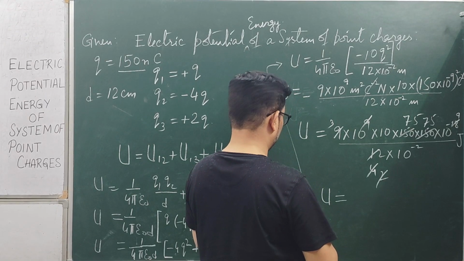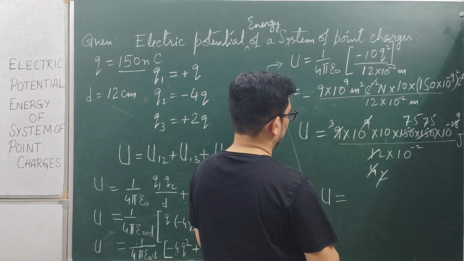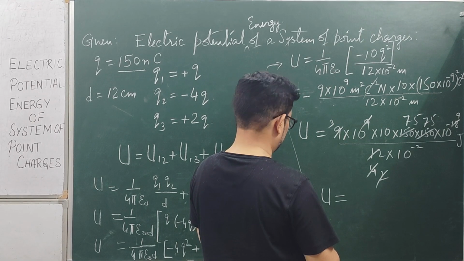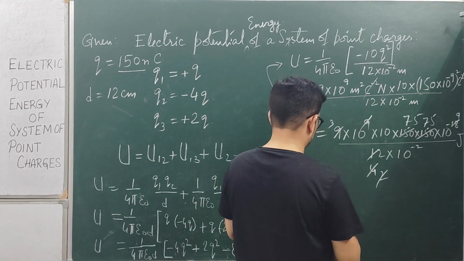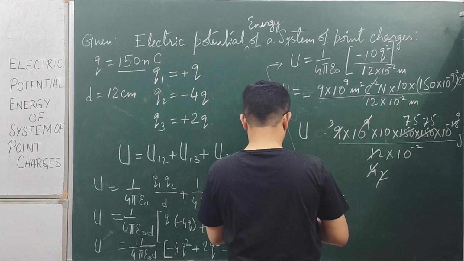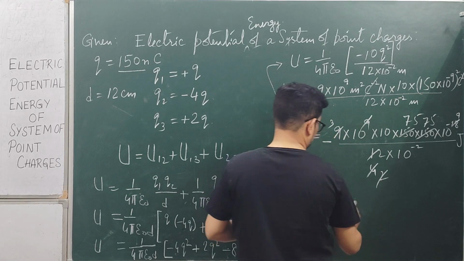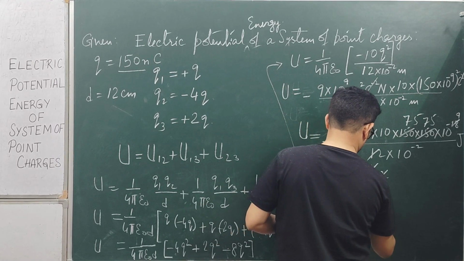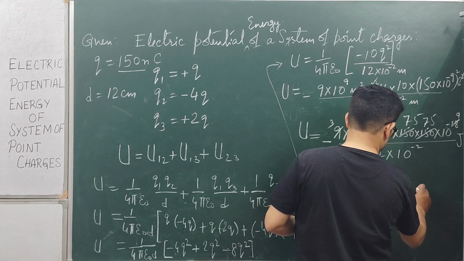1, 2, 3, 4. So 3, and it comes out to be around 1.7. So this comes out to be approximately, minus is the value which is coming up here, minus 1.7 times 10 raised to the power minus 2.